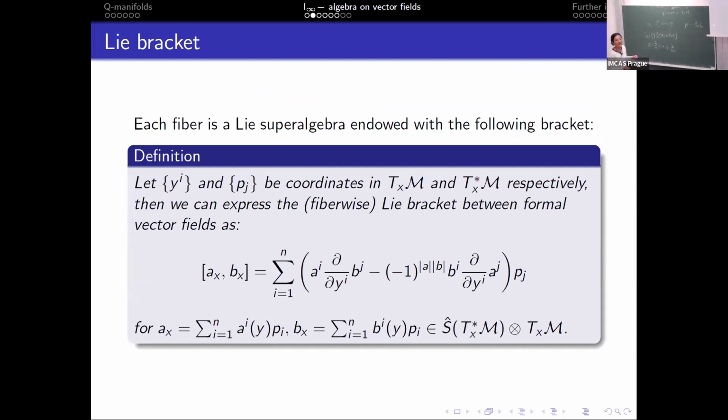Yes, that's why if you have a usual vector field, just depending on x, not on y, you will have 0 in the bracket because this is independent of the formal coordinate y. It's a bit confusing because you wrote d by dxi, and it's better to write d by dy. Okay, it's okay. So something like this.